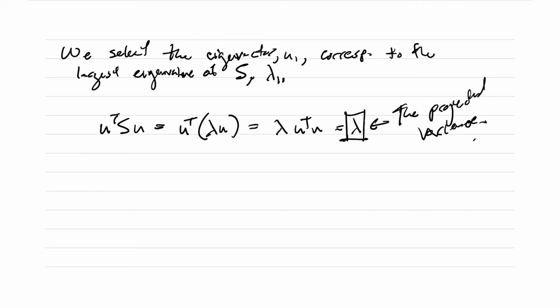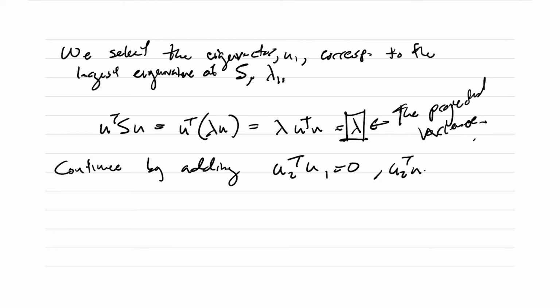And so then you just continue by adding constraints, say we're looking for a u2 that is orthogonal to u1, but also u2 transpose u2 is equal to 1, and so on. Then you can continue going down this path, and that will give you all the other principal components of the system.